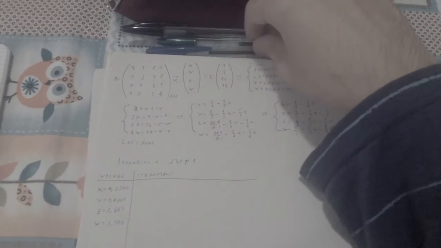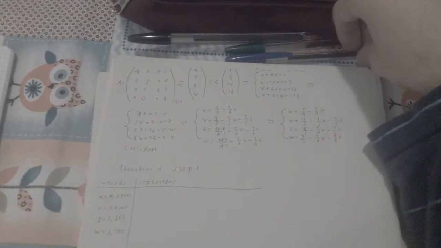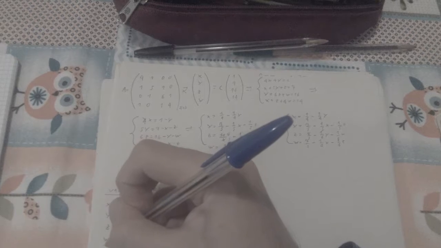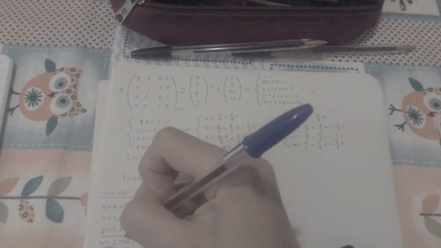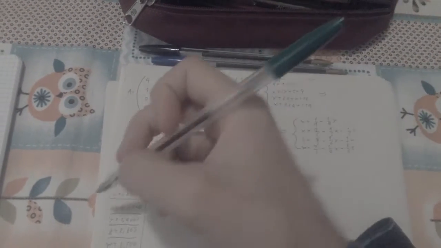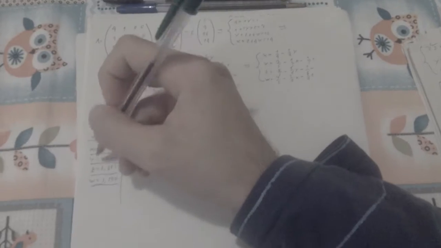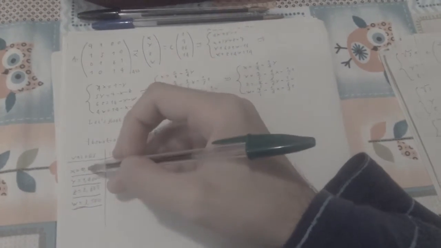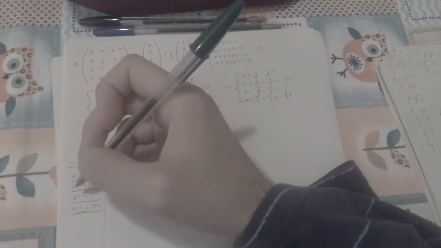Unlike the Gauss-Seidel method, I'm going to underline everything just like in the Gauss-Seidel method, but I'm going to use two colors this time. You're going to see why in just a moment. I basically underlined everything because I have to find each and every variable.